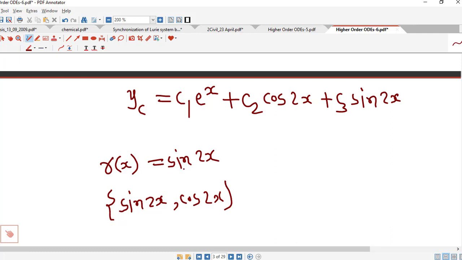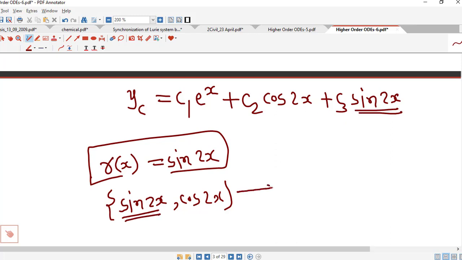So this is the family of derivatives corresponding to the right hand side. Now this sin 2x is present in the complementary function, so we will multiply this by x and we will consider the modified family x sin 2x, x cos 2x.